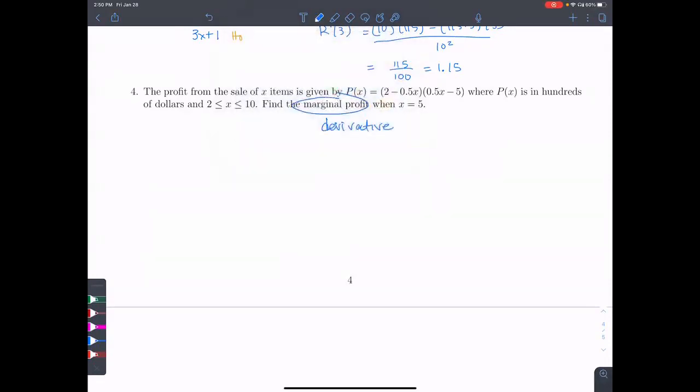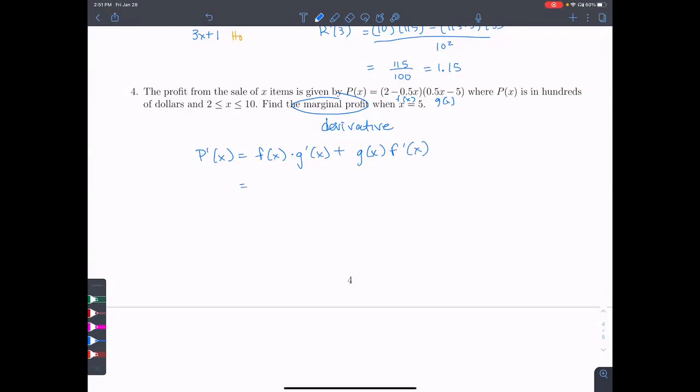So what we could end up doing is foiling this and then using the power rule, or we can use the product rule to take that derivative. So P prime of x is going to be, this is f of x, and this is g of x. So first function times the derivative of the second plus the second times the derivative of the first.